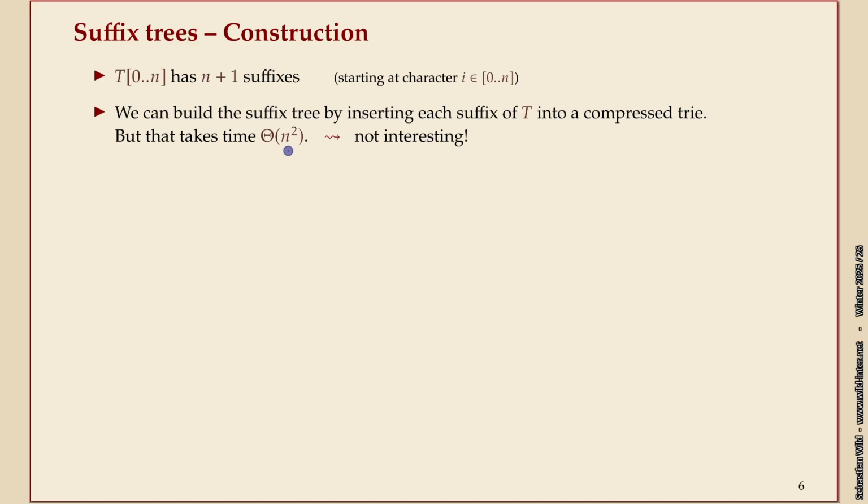The first half of all the suffixes have at least the second half of the characters. So there you go, you're at n squared already. And of course you can compute this precisely. So that's not going to work in linear time, and there's no hope to do it much faster if you insert one after the other in this way, because the intermediate trie that you would get just has this size. That doesn't work.